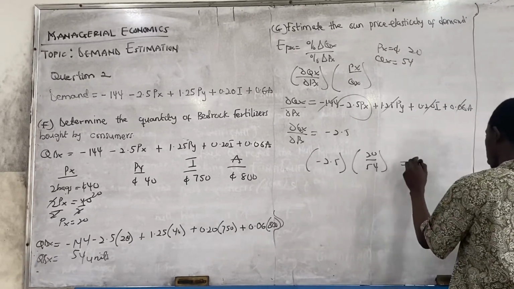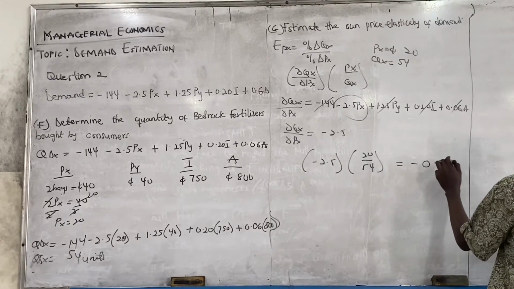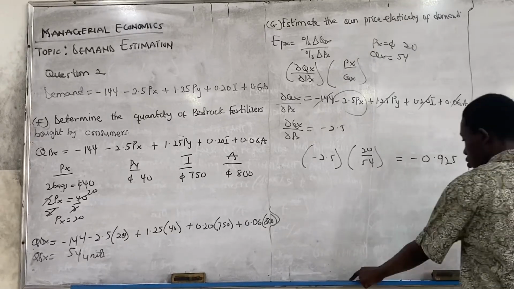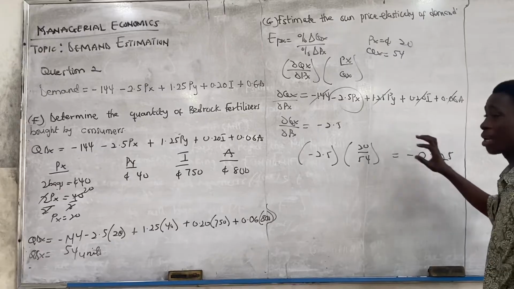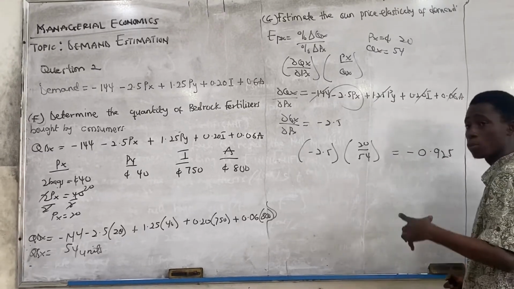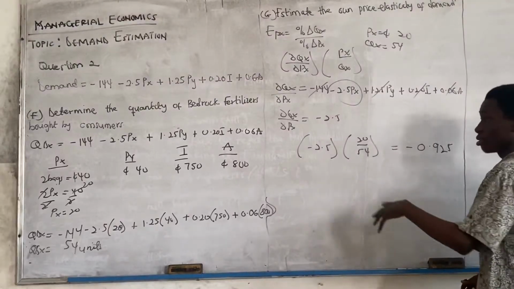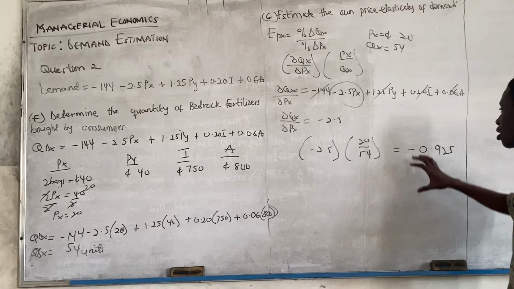We have minus 0.925. So in normal elasticity, this is supposed to be what? Less than 1. But when you are dealing with the own price in demand estimation or the elasticity in managerial economics, you always take absolute values of our final answer.